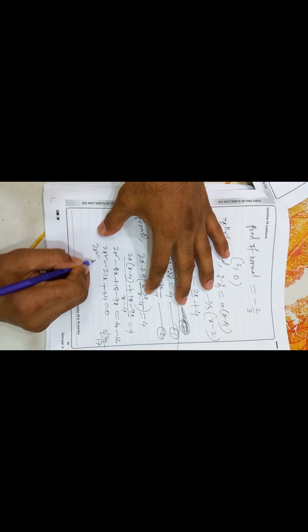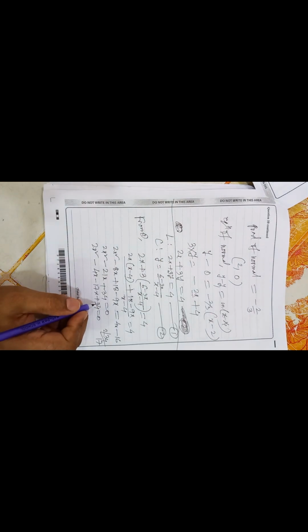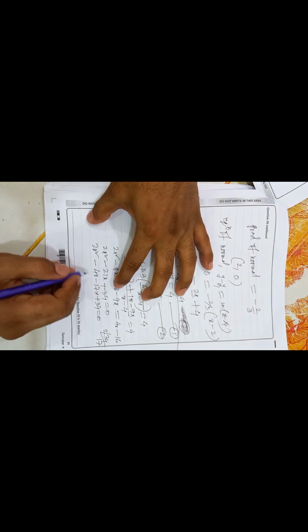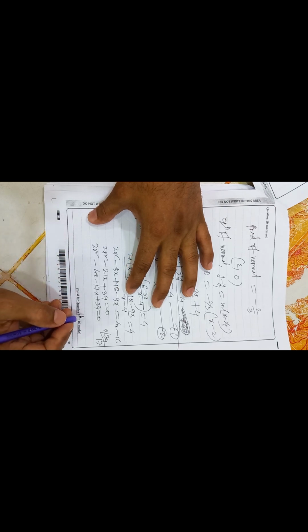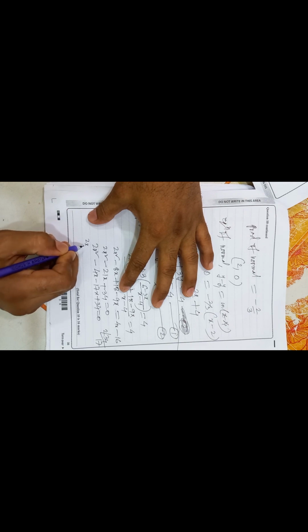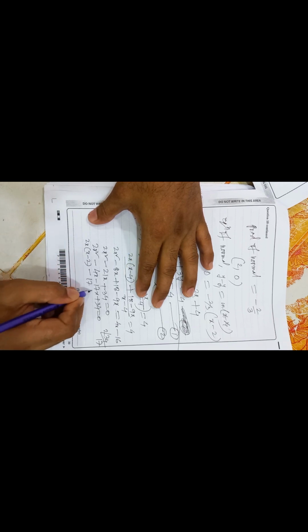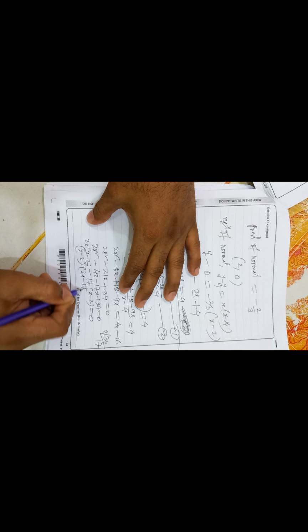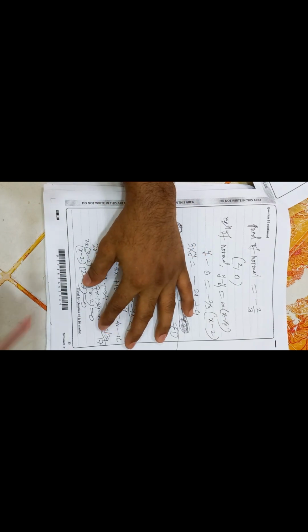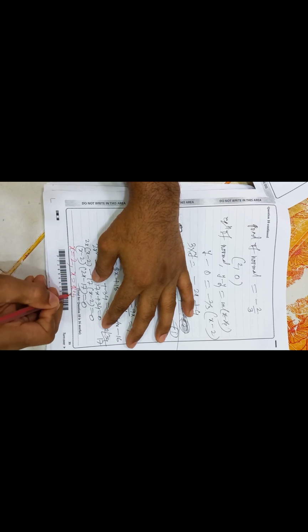So it will be 2x square minus 4x minus 17x plus 34 equals 0. If I take 2x common, then it will be (x minus 2), again minus 17 common, then (x minus 2) equals 0. So again (x minus 2) common, it will be (2x minus 17) equals 0. Finally we will get x equal to 2 and x equal to 17 over 2, that is 8.5.